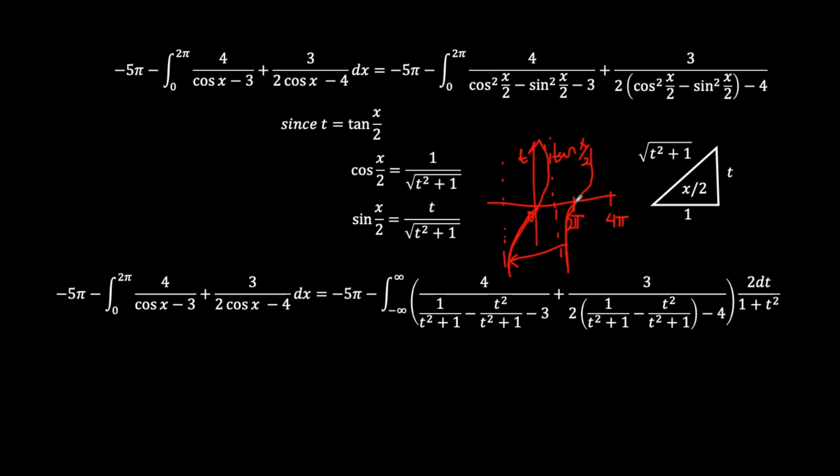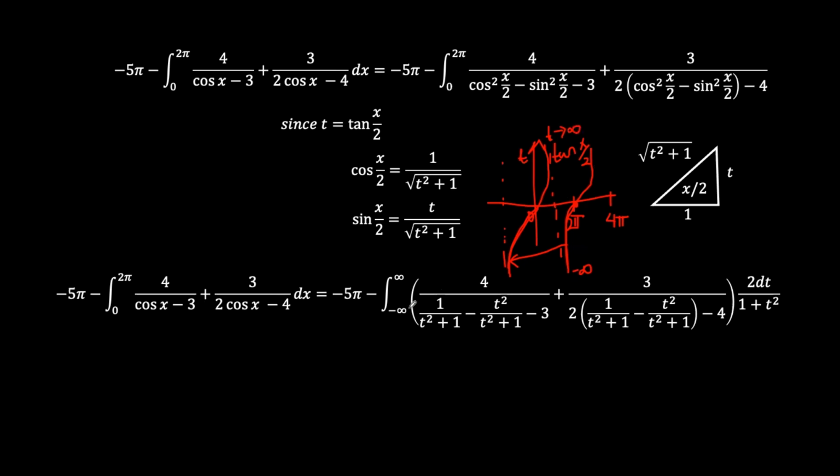And then at 2 pi, it's 0. And that is the same behavior here. So we can say our integral essentially is from t tending to negative infinity to t tending to positive infinity.